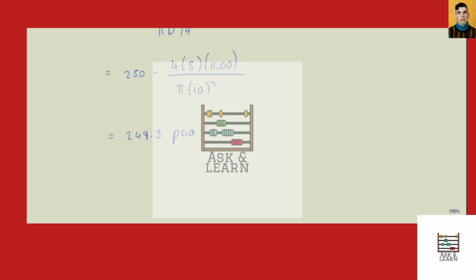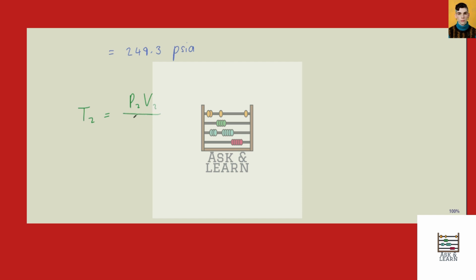Now we can employ the ideal gas equation of state and find the final temperature. So the final temperature T2 is equal to P2 V2 over MR. And now we have all these values, so we can substitute them in. So P2 is 249.3.